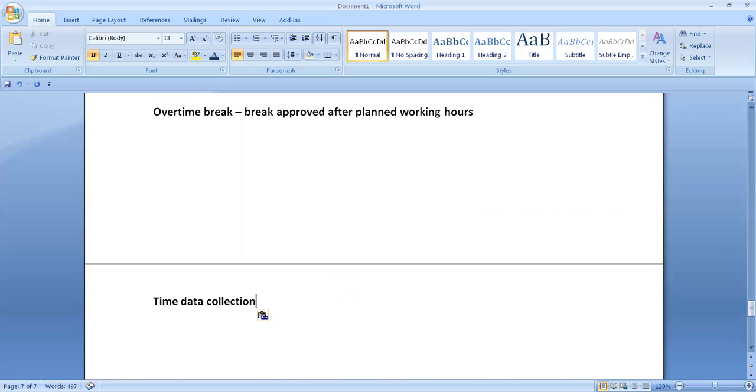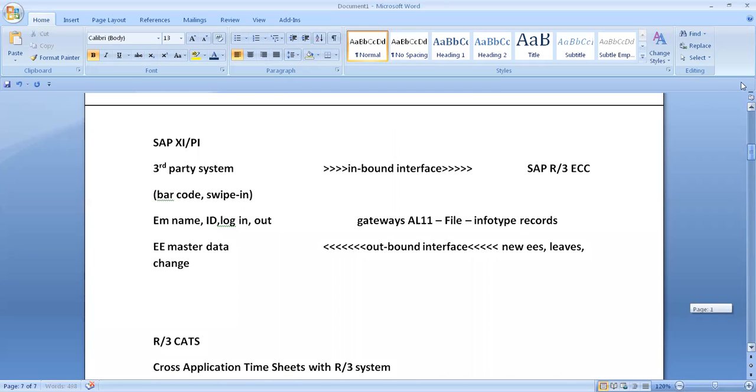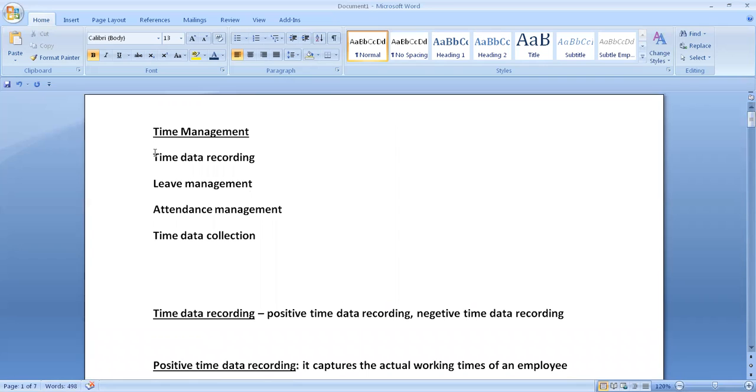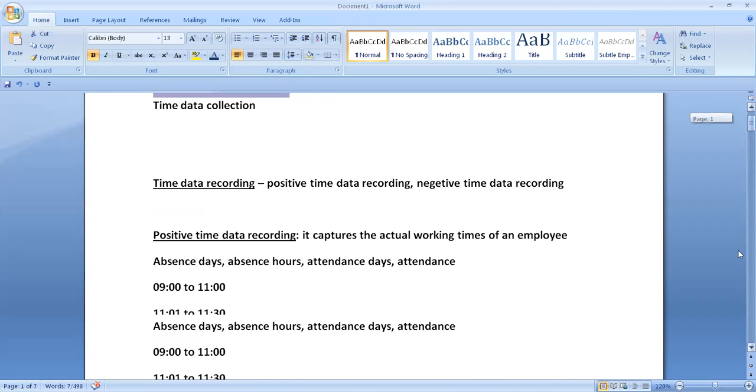Time data collection is nothing but the integration of time data recording, leave management, and absence and attendance management. Integration of all these things is time data collection.